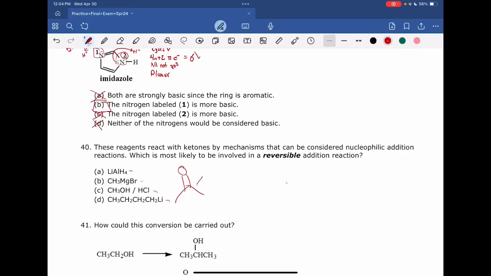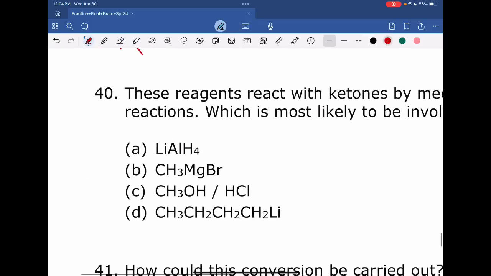And this carbon is the electrophile, the carbonyl carbon. So, which one of these is reversible? Okay, this is simpler than it looks. So, you could sort of pattern recognize to be able to answer this question, which I don't recommend, but you'll get away with it on this question.